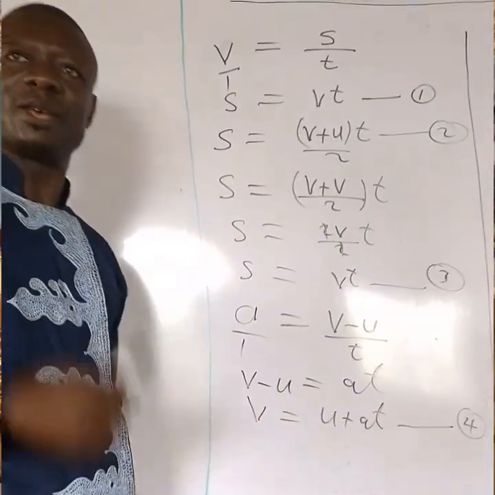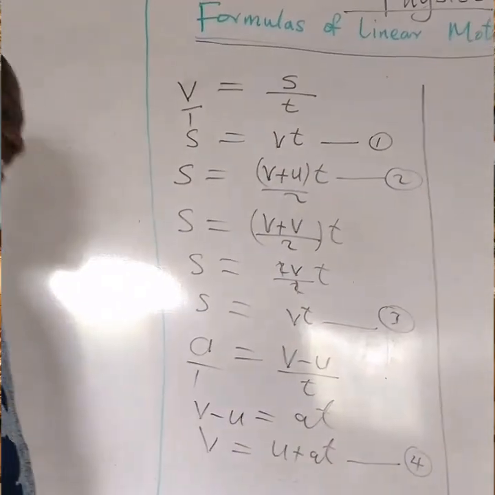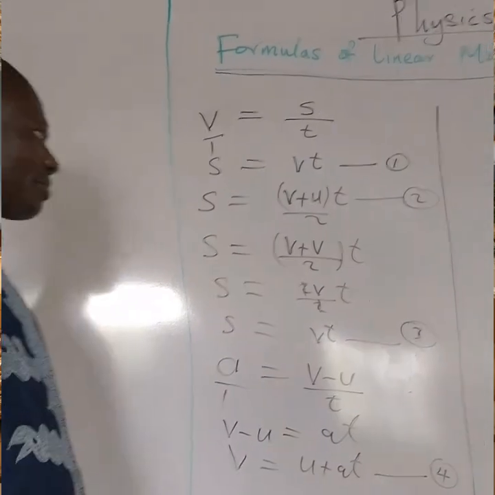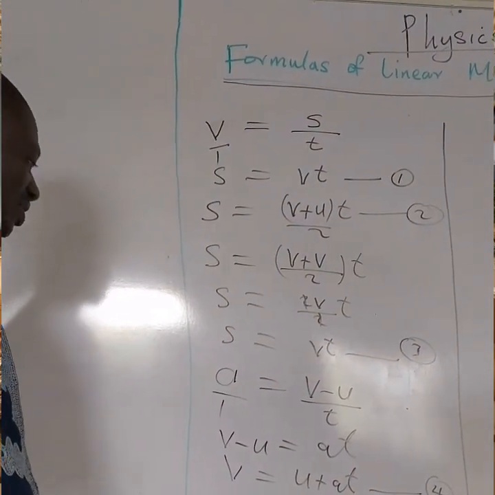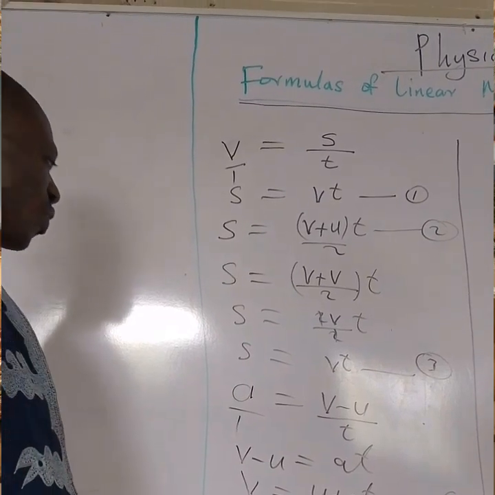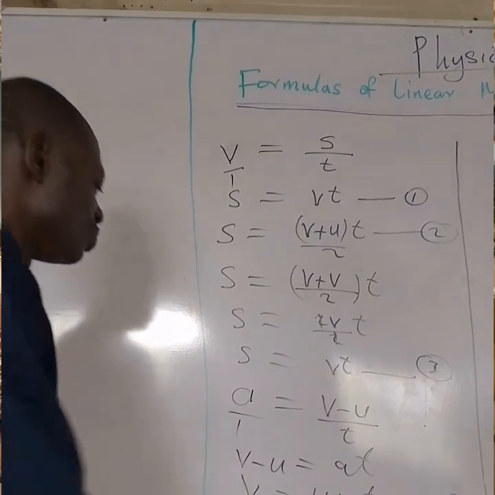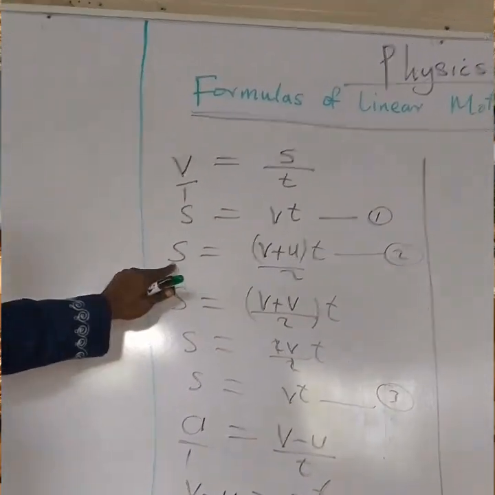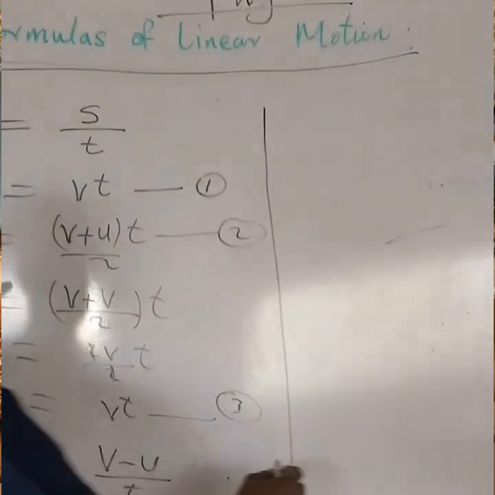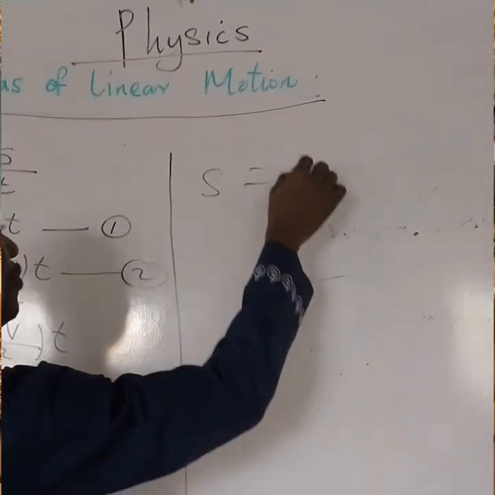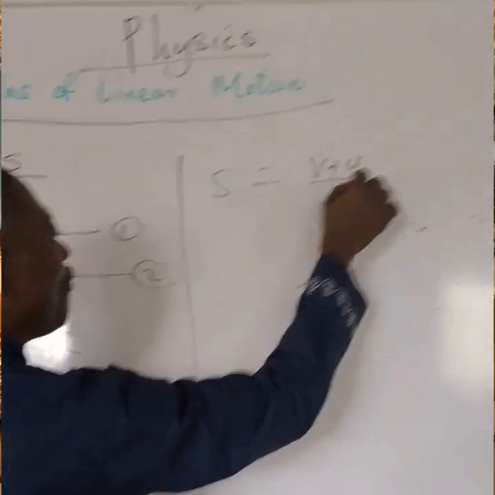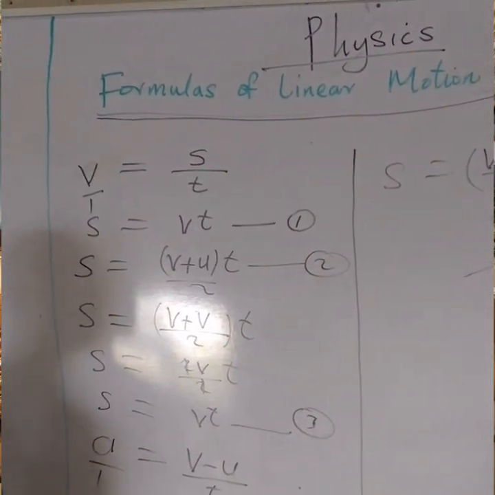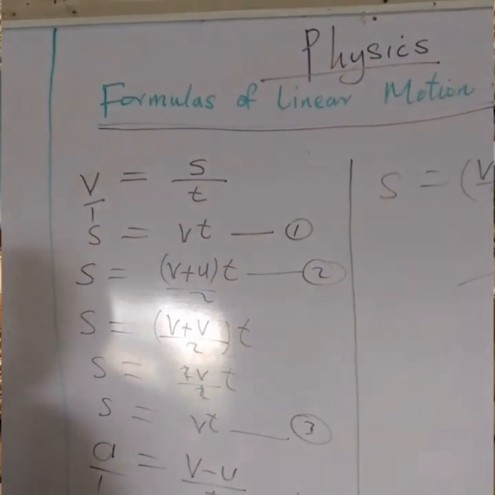Alright. It's also possible that we have another formula that doesn't have some of these parameters here. For instance, let us consider a situation where we use this in place of V, making use of the formula we have here, formula number 2. That means S is equal to V plus U over 2 into T. Now, anywhere we see V, we will put something equivalent to V, which is this.